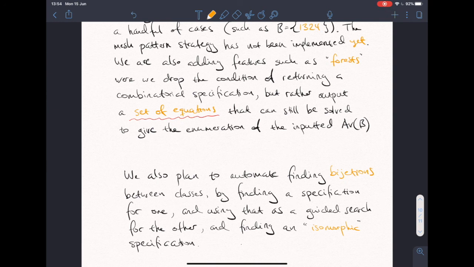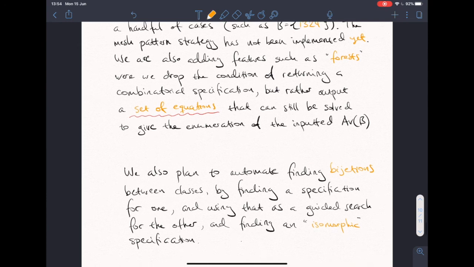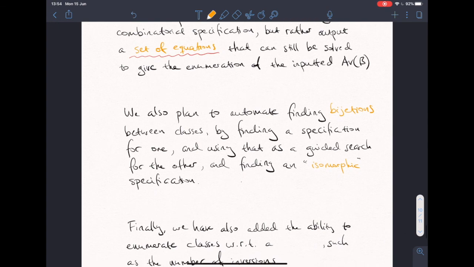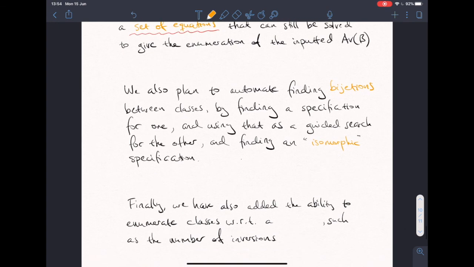And they can then be used to map permutations in one specification to permutations in the other. And finally, we have also started to add the ability to enumerate classes with respect to a statistic, such as how many inversions there are in a permutation.